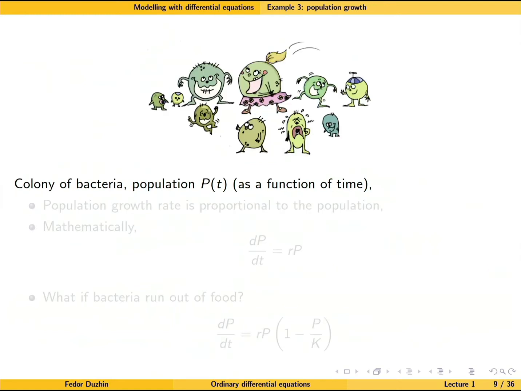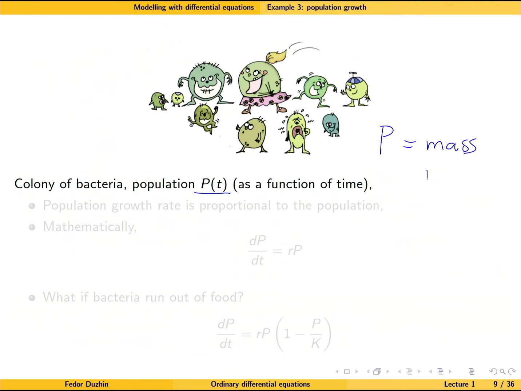Our third example: imagine a colony of bacteria. So the population is P of t, where P is the population and t is time, and this P of t is actually the mass of all bacteria.